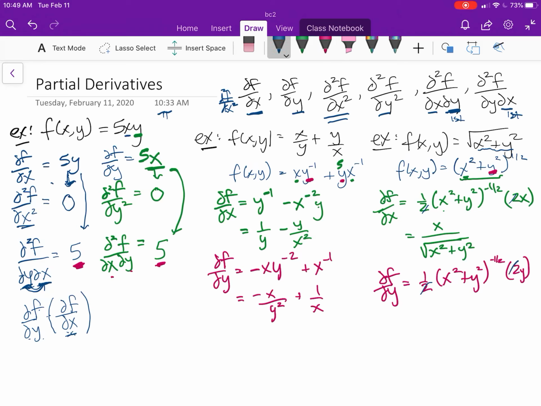We can reduce the same, and therefore this result would be very similar. It's just we have y in the numerator instead of x. Alrighty, hope this helps with notation especially, but kind of the process behind partials. Once you're proficient at derivatives, partial derivatives really aren't bad at all.